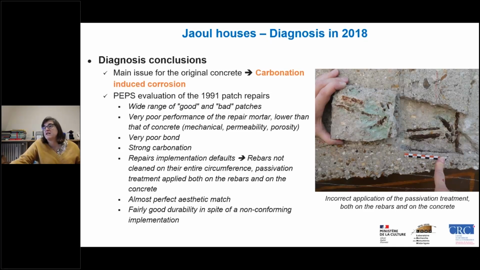As you can see here, the rebars were not cleaned on their total circumference. And we had passivation treatment that was applied both on the rebars and on the mortar, which is forbidden. But we had an almost perfect aesthetic match and quite good durability in spite of non-conforming implementation.